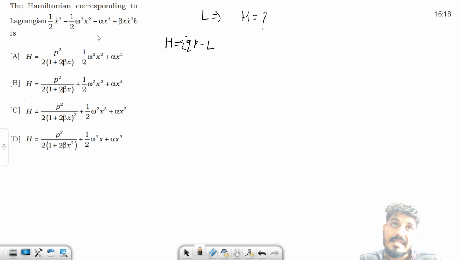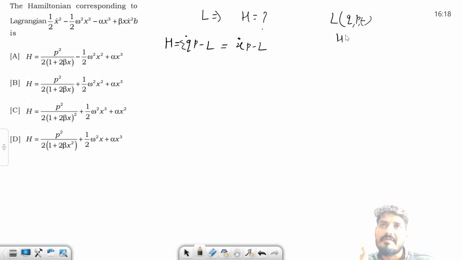Now in this case we have only one dimension, right? x. So can I say this is nothing but x dot p minus L? Now you know L is a function of q, v and t, and H is a function of q, p and t.